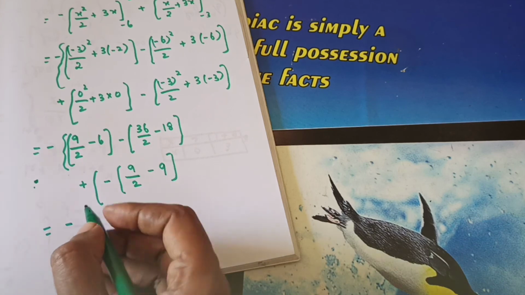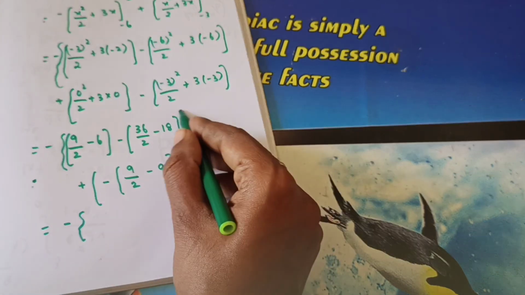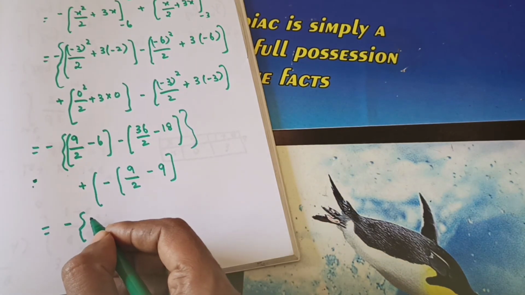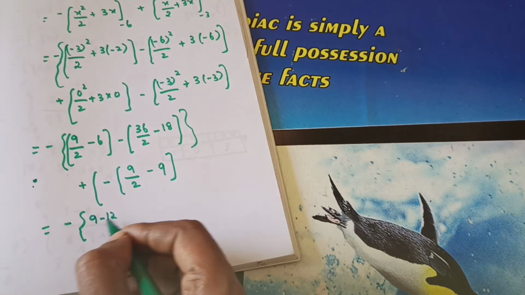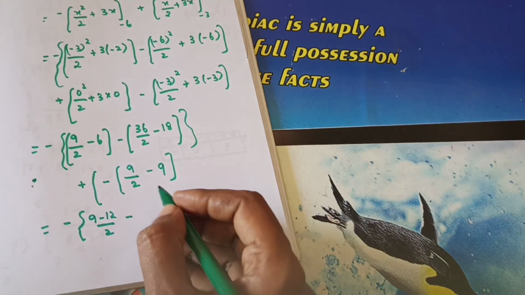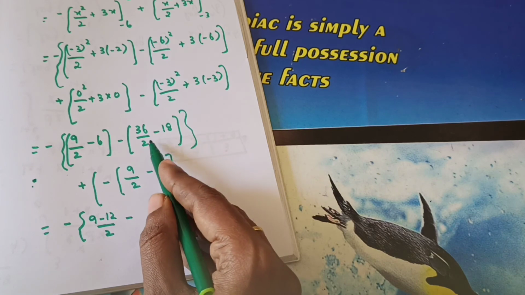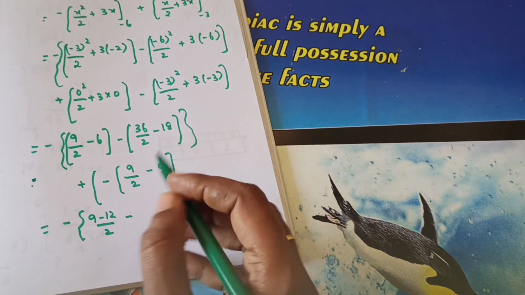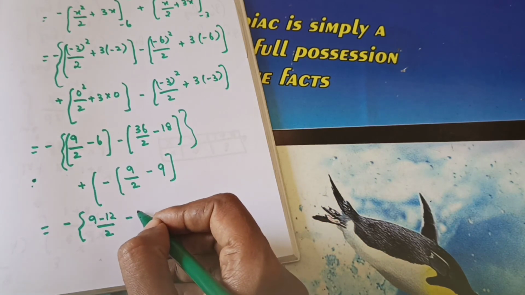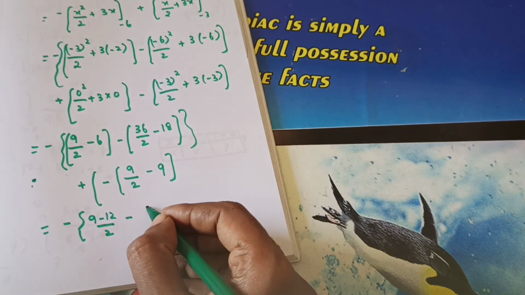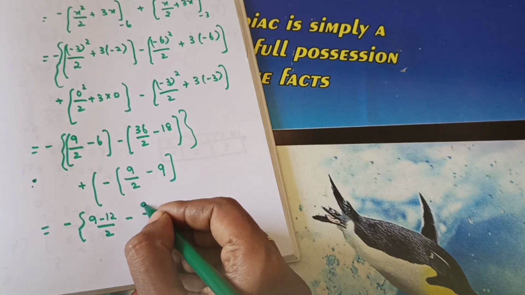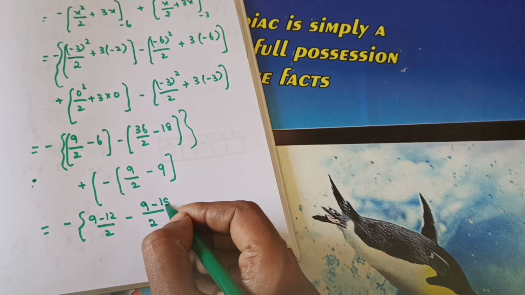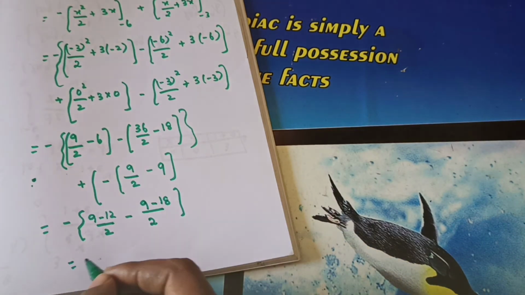Minus of LCM means 9 minus 12 by 2, minus this one means 36 minus 36, correct? So that term will become 0. Then here minus of, 2 is LCM, so 9 minus 18. Okay, so what's the value?